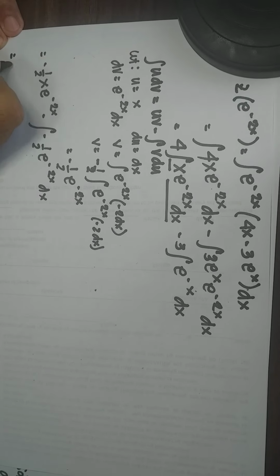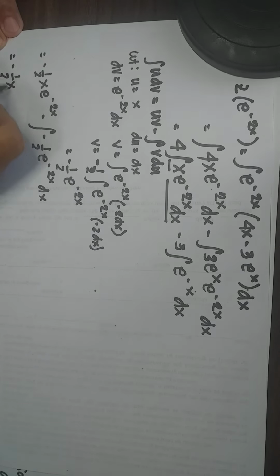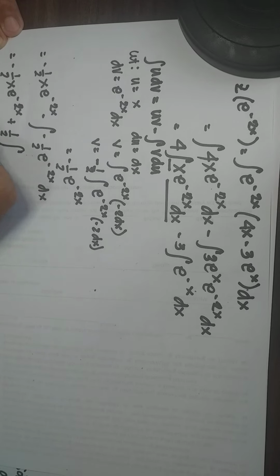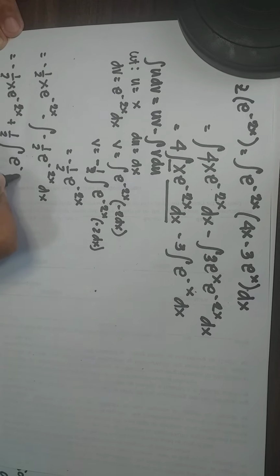And this is negative 1/2 x e to the negative 2x plus 1/2 the integral of e to the negative 2x dx.